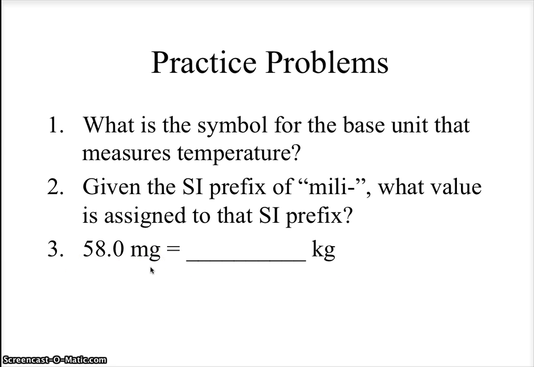So how we do that is we move decimal values. Of course I'm going to verbally explain this to you. Milli has an exponential value of 10 to the negative 3. Kilo has an exponential value of 10 to the positive 3. So the difference between negative 3 in milli and positive 3 in kilo is a total of 6 decimal places.